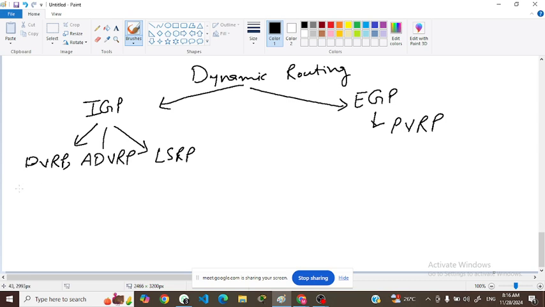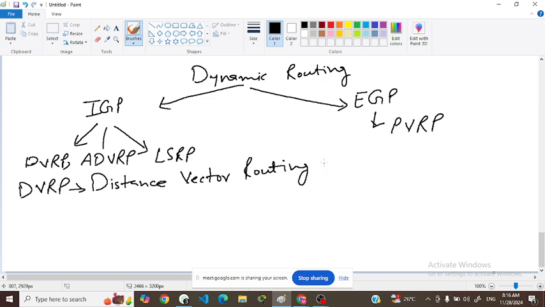DVRP means distance vector routing protocol. I am explaining what exactly a distance vector routing protocol means. Don't worry about that.